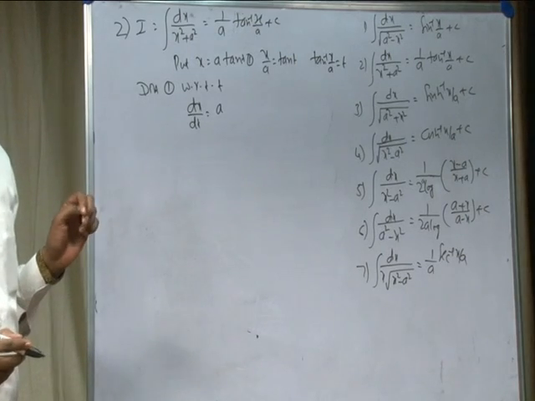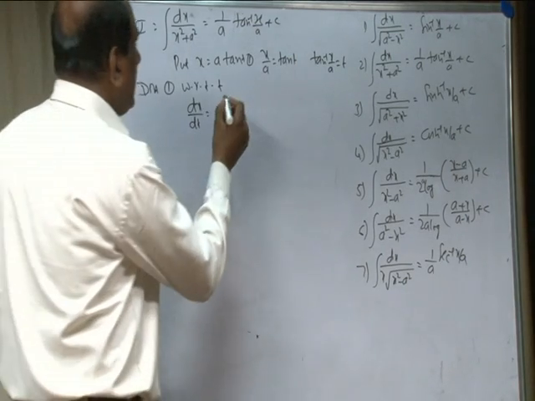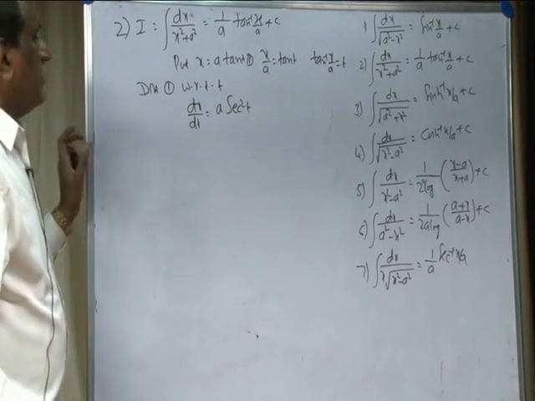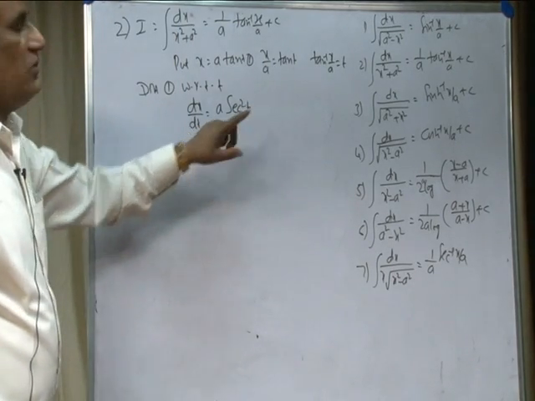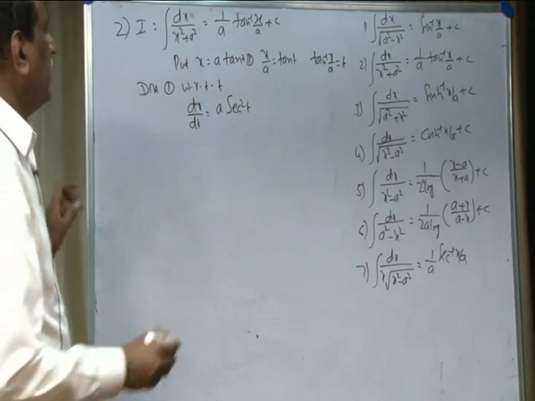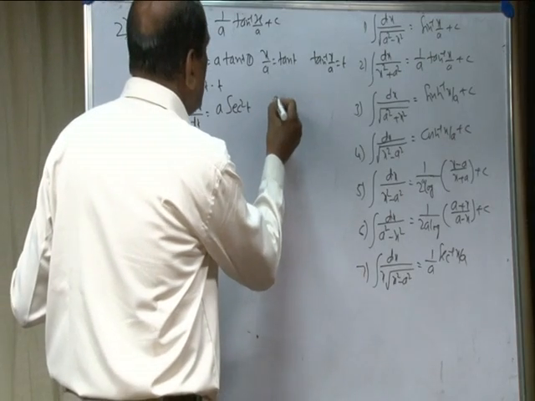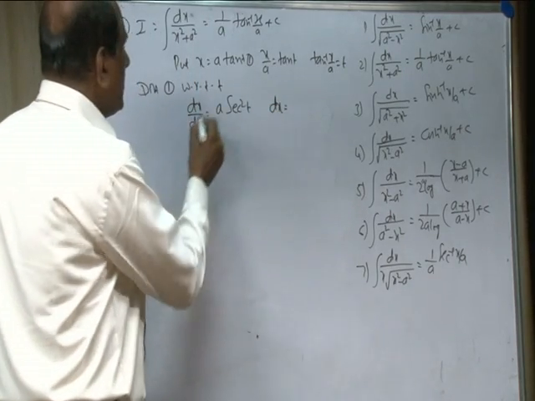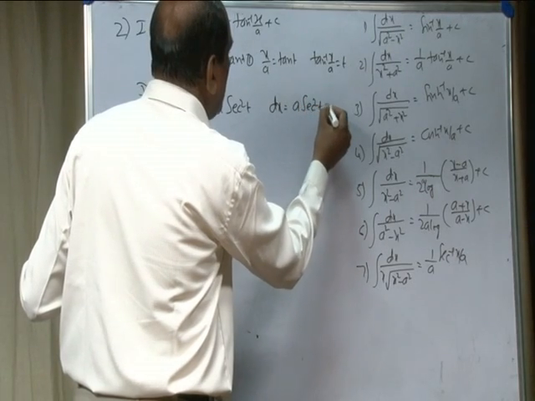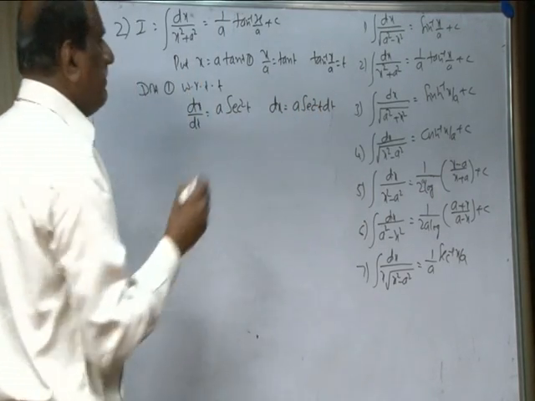The differentiation of tan t with respect to t is secant square t. So dx by dt is equal to a secant square t. We want only dx in the numerator, so we can write dx is equal to a secant square t dt, by cross multiplication.